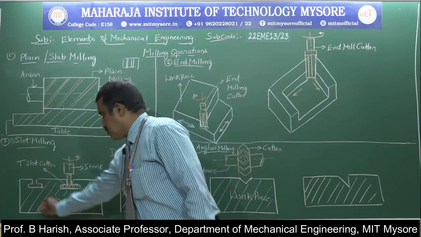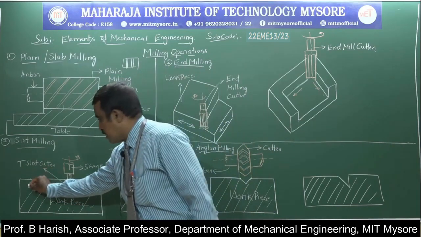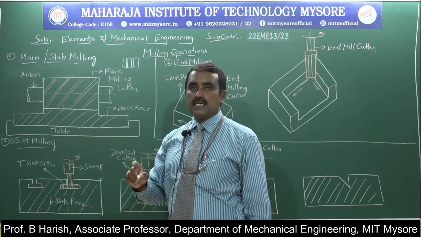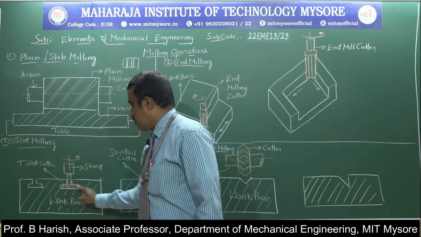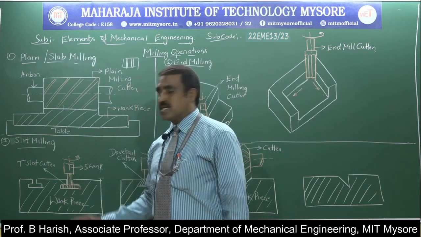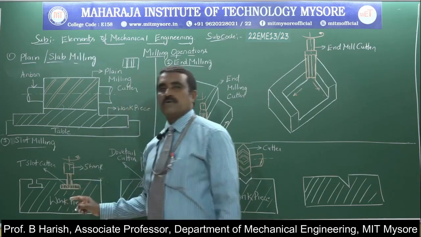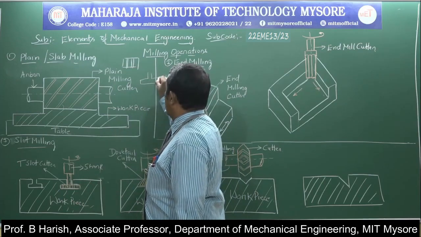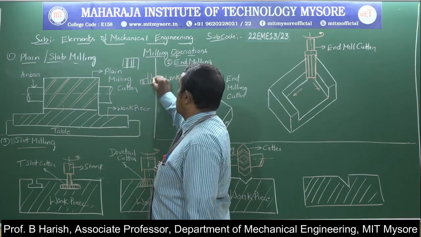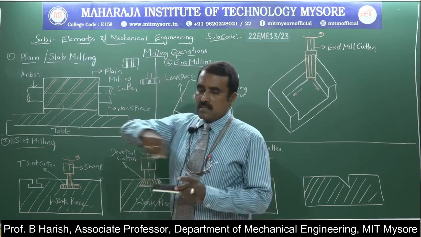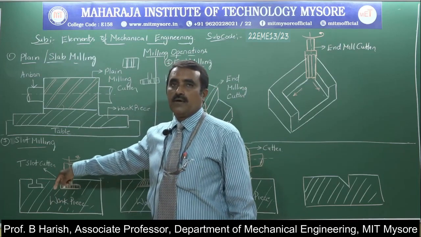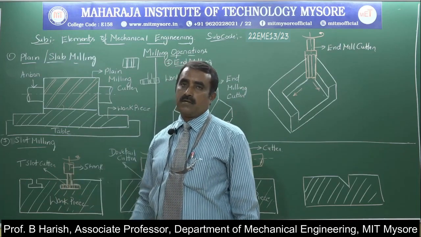Now you can observe this sketch. This is a slot that is already cut. The T slot will match the cutter shape, so the cutter will also have a T shape, with cutting edges here. As it starts, material is removed and you get the T slot.